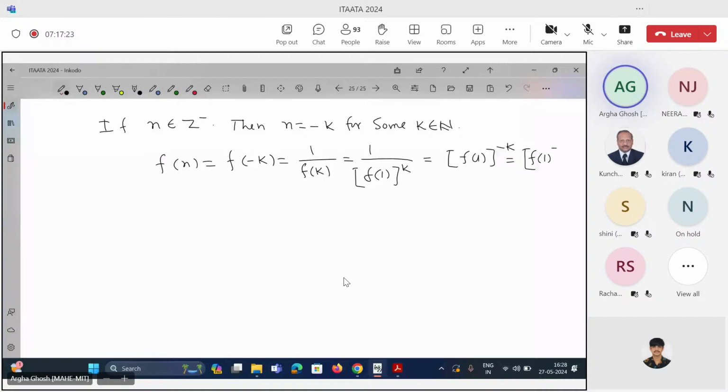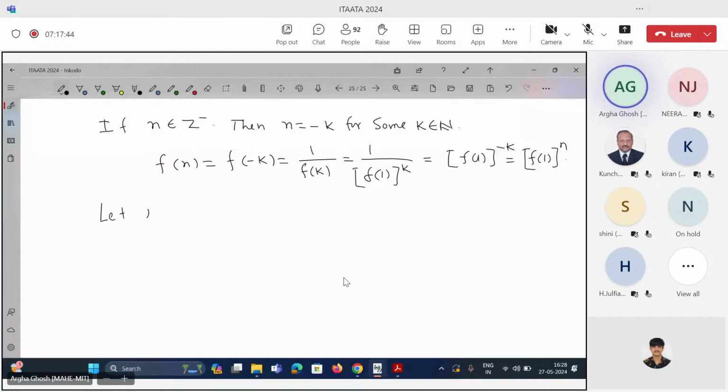So even for the negative integers it is working. Fine. Now what about rationals? Try to solve it for rationals.